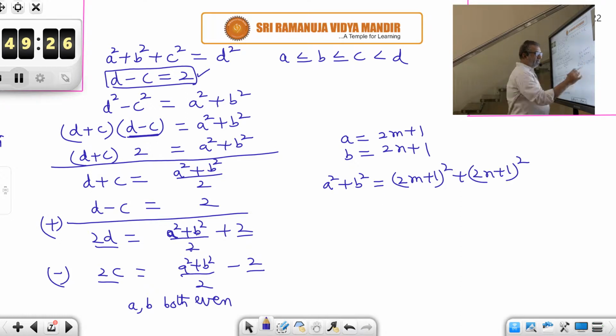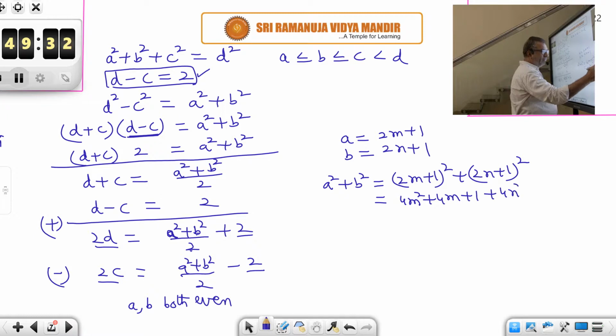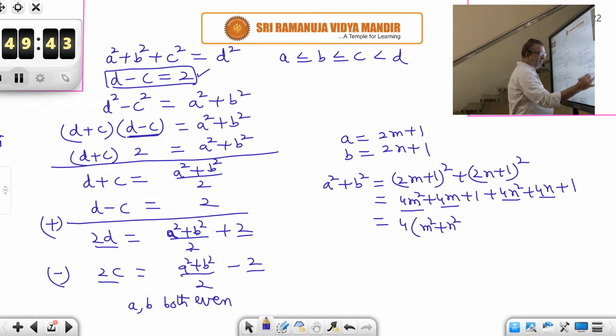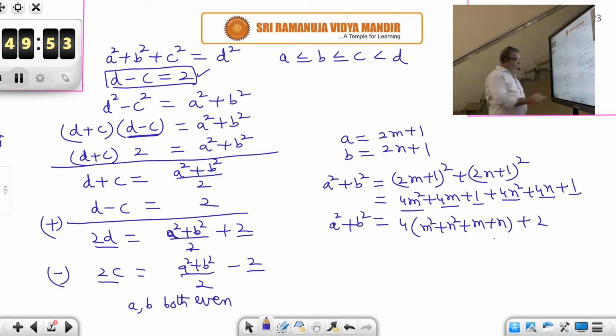So you will get 4m square plus 4m plus 1 plus 4n square plus 4n plus 1. You take 4 common: 4 into (m square plus n square plus m plus n) plus the remaining ones, 2 ones are there, 2. This is a square plus b square. So by 2 is there.